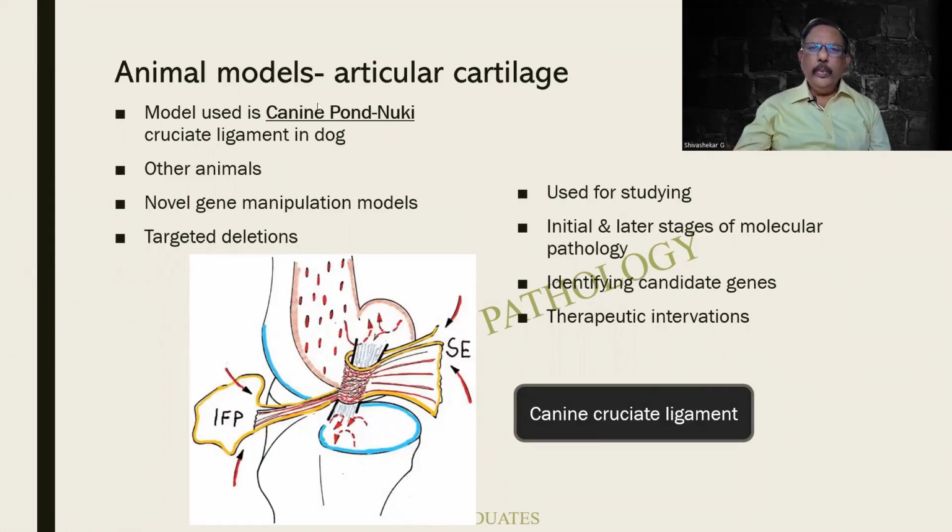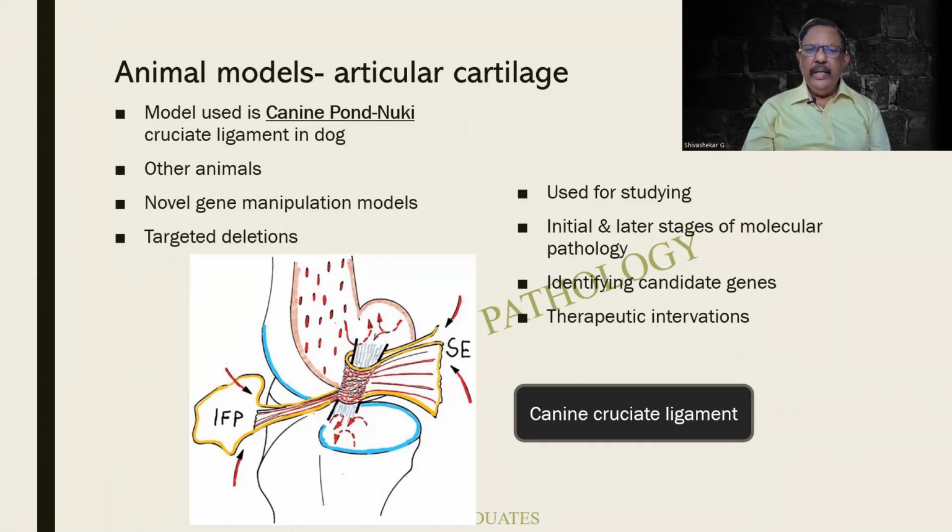Now, what are the various studies that have been conducted in the animal models? The species of dog that has been taken is the canine. In this, the cruciate ligament has been studied.